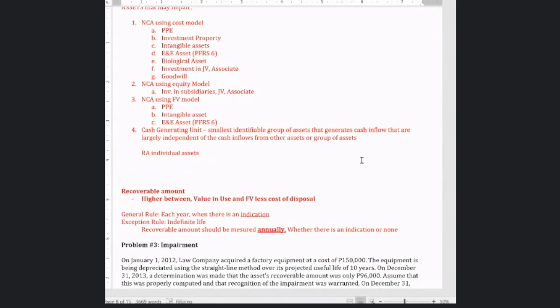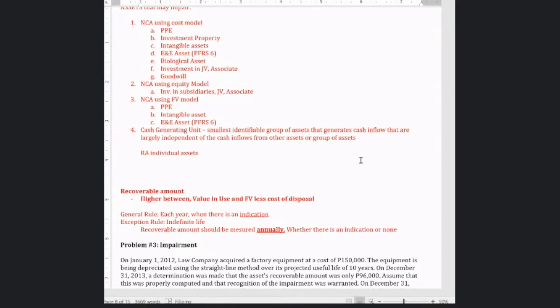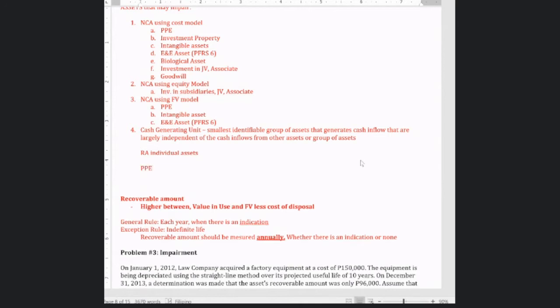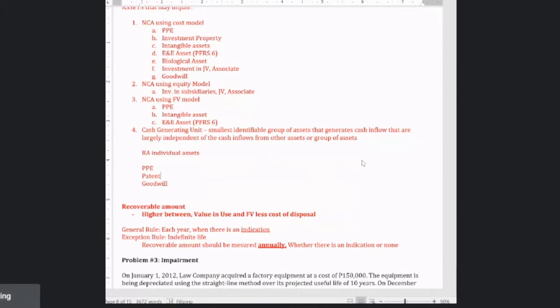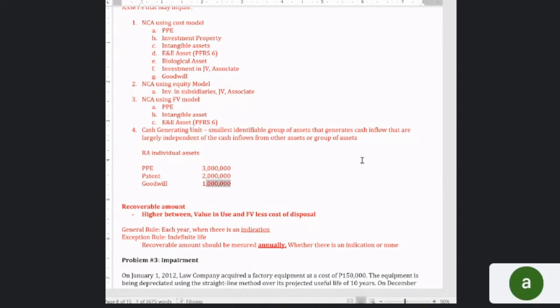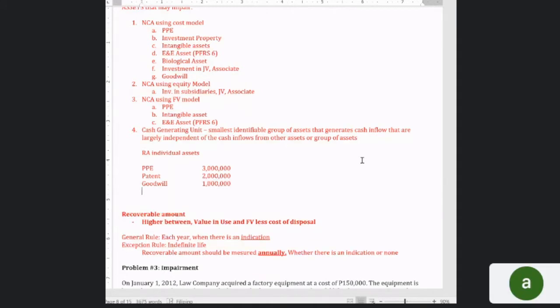For example, ano ba magandang example? Meron akong pool of assets dito. So, PPE, and then patent, and then goodwill. So, pasok na din natin yung goodwill kasi merong separate rule for goodwill. So, PPE, for example, 3 million. And then patent ko is 2 million. And then goodwill ko is 1 million. For example, meron akong liability.